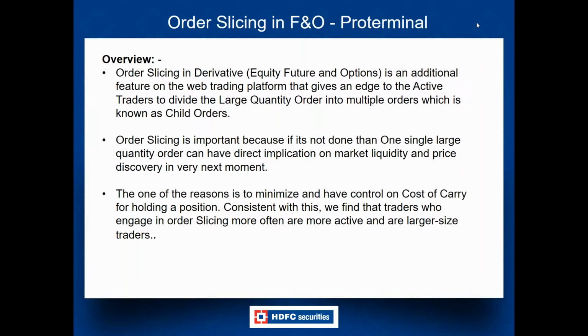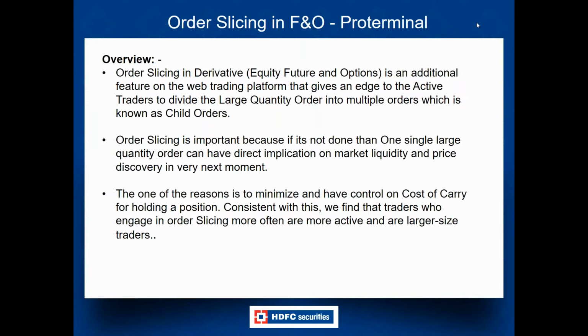So firstly, the reason to trade with order slicing is that if you are trading futures and options in Nifty and Bank Nifty and in any other stock or index, there is a cap imposed by the exchanges above which you cannot place an order.